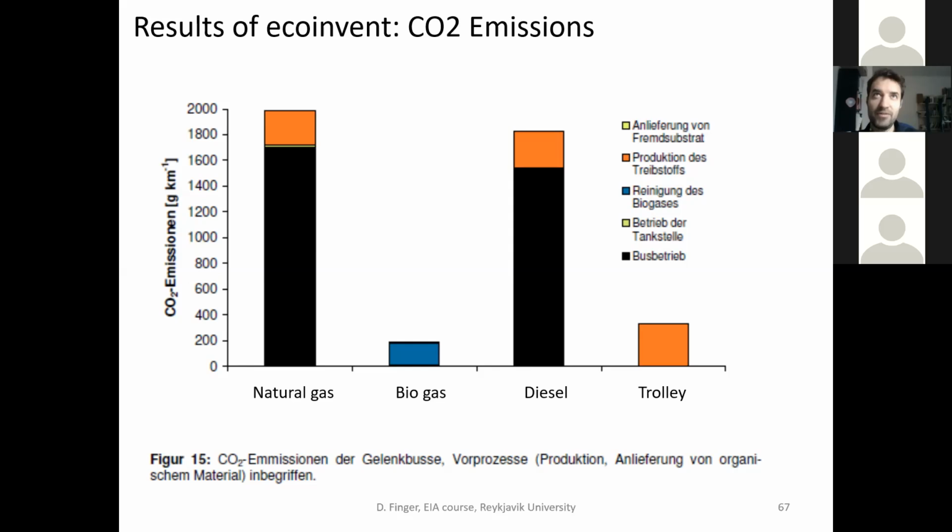So both have a relatively low carbon footprint. That is why a trolleybus runs on a pretty low carbon footprint in Switzerland. The same would be true, of course, in Iceland, where you have a 100% renewable electricity mix with a very low carbon footprint.